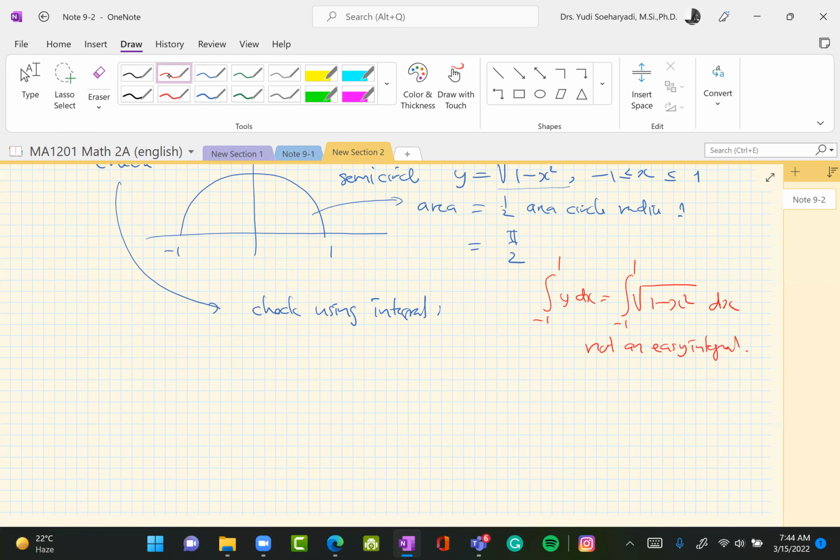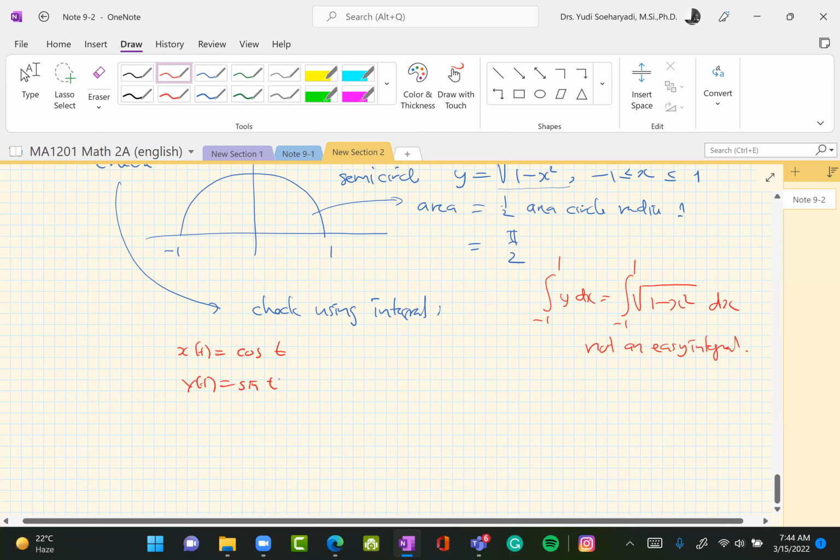But let's do this parametrically. So using the parameter, as usual, cosine t and sine t, but half circle, meaning that t goes from 0 to, say, pi.